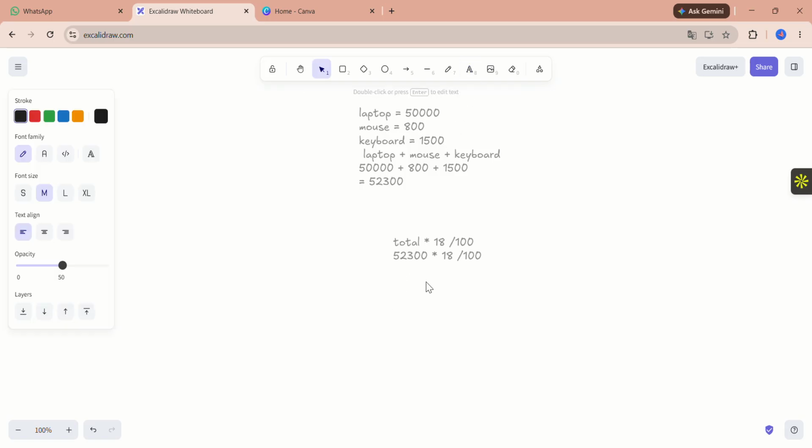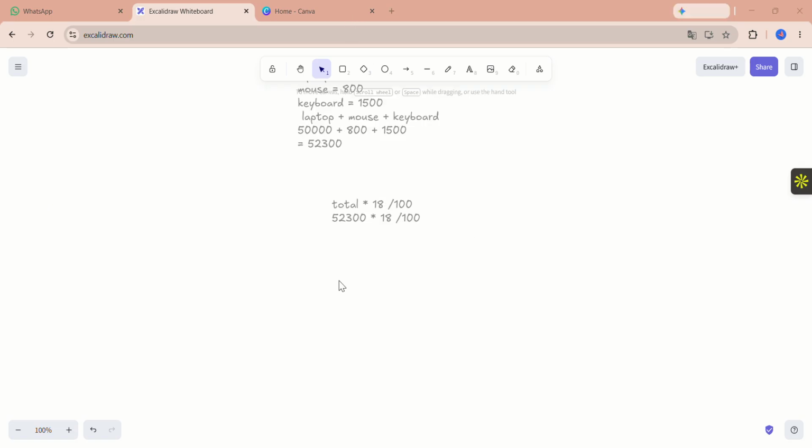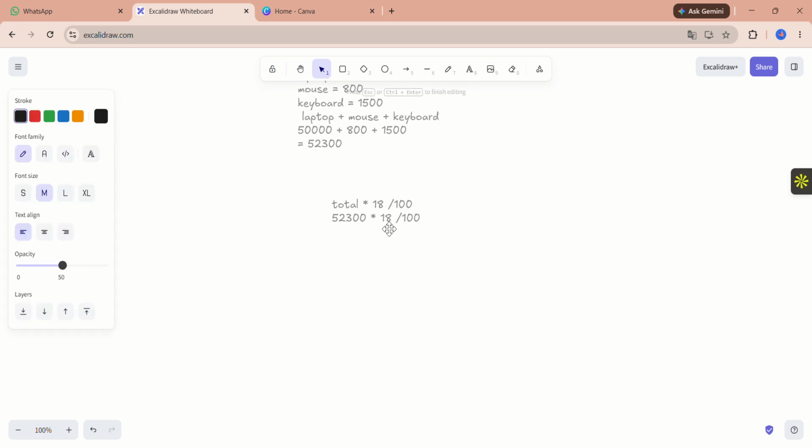When we multiply 52,300 by 18, it comes to 9 lakh 41,400.